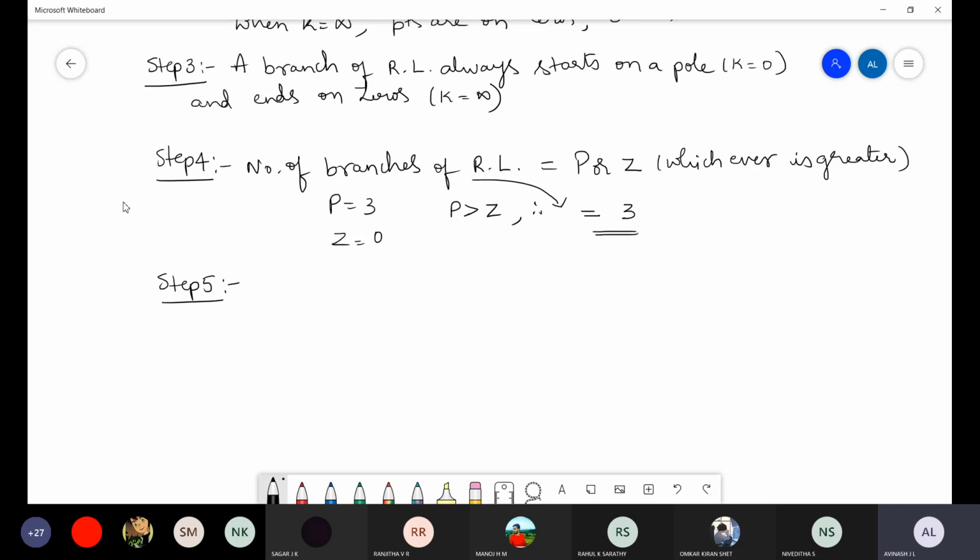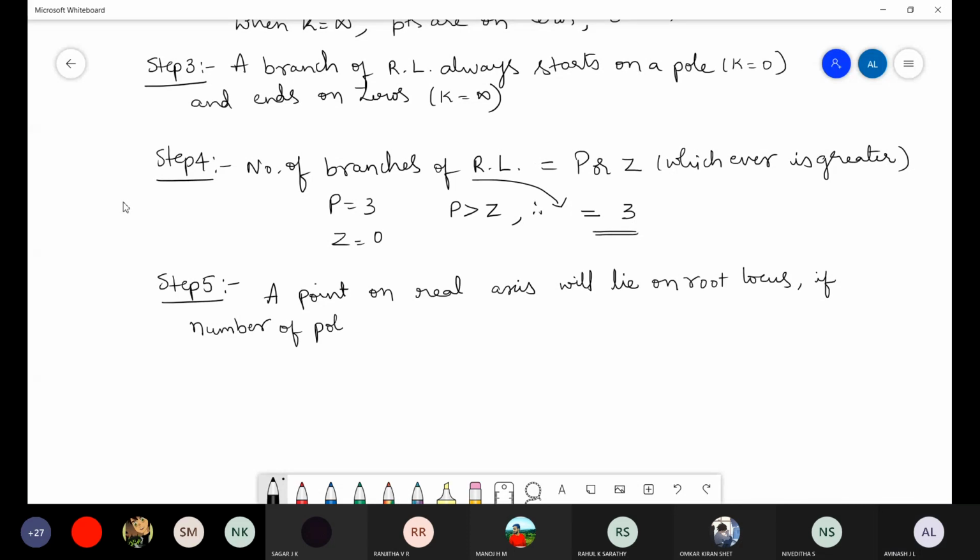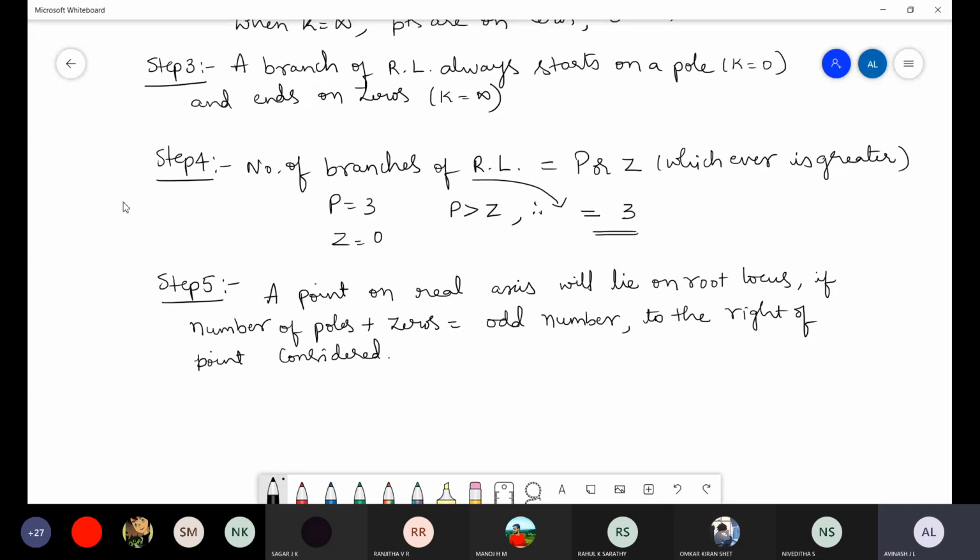So when you're talking about step number 5, a point on the real axis will lie on the root locus if the number of poles plus zeros is equal to an odd number, to the right of the point considered.